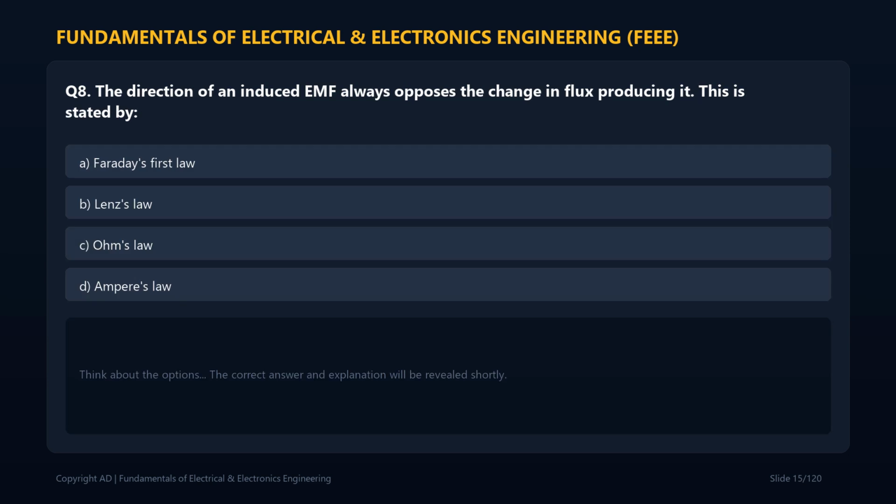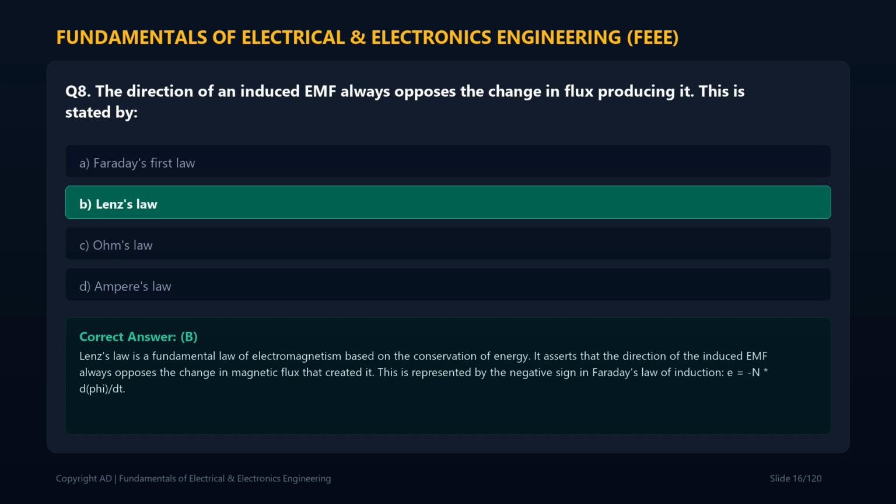Question 8. The direction of an induced EMF always opposes the change in flux producing it. This is stated by option A, Faraday's first law. Option B, Lenz's law. Option C, Ohm's law. Option D, Ampere's law.